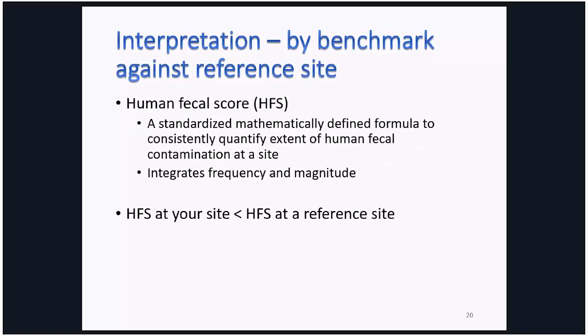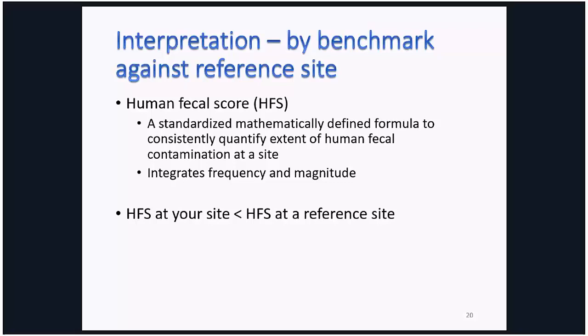And a third option would be, how about we benchmark against a reference site? So as I mentioned, a human fecal score has been developed. It's basically a standardized mathematical way to consistently quantify the extent of human fecal contamination at a site. It gives you one single number as a score.